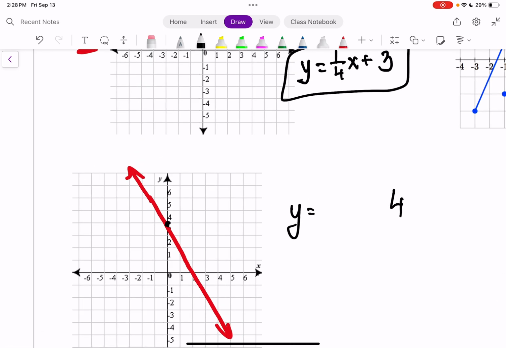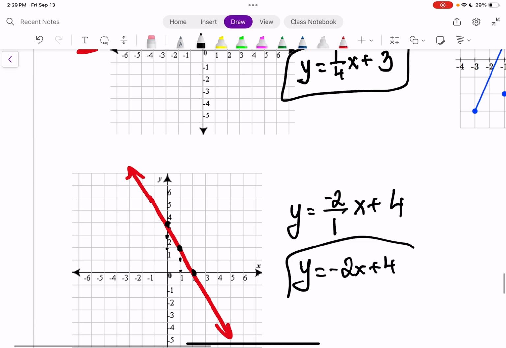And then the slope, look at it. It goes down 2 to the right 1. Down 2, so the rise is -2. The run is 1. So that's the same thing as -2x plus 4, because -2 over 1 is just -2. Okay.